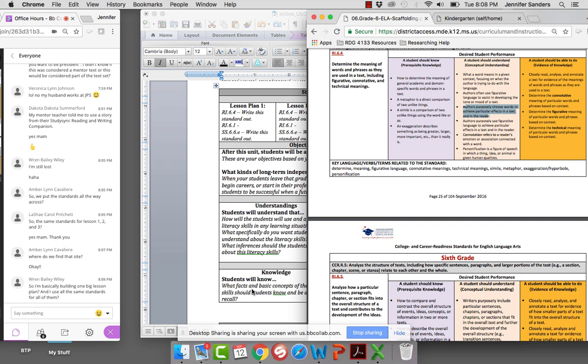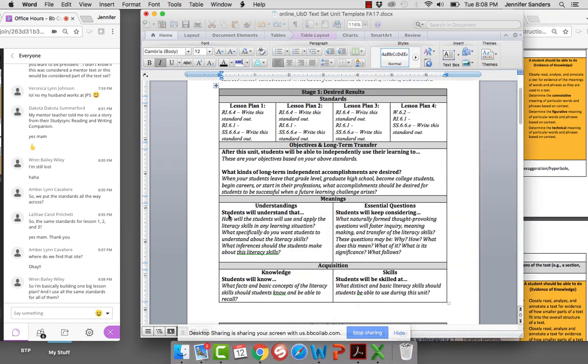Yes, you're basically building one big lesson plan. No, you won't use all the same standards. It worked out that I would do citing evidence for all standards because my students have to cite evidence. Maybe not this one, especially if they're writing a narrative, so I can actually take that one. Well, for me, they're not writing a narrative.